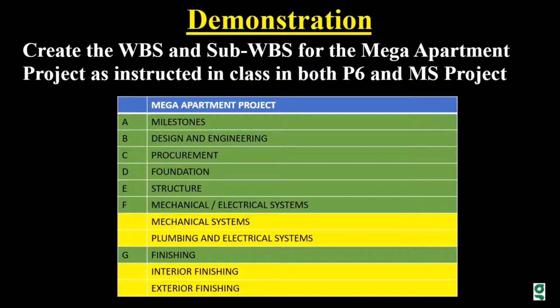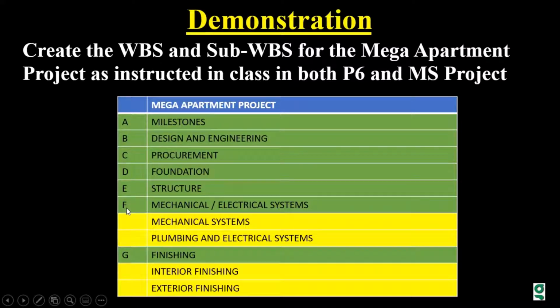So what you see right now is just a typical breakdown of a project. At the top right here, we have the mega apartment project itself. And the WBS is broken down into A, B, C, D, E, F, and G. Now you will notice that all those are highlighted in green.